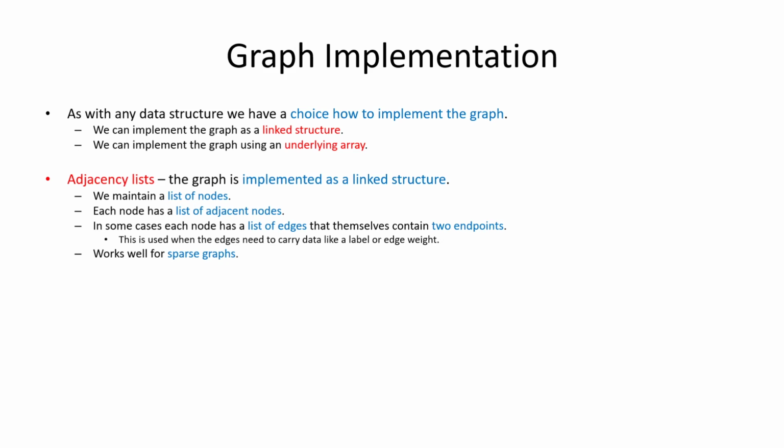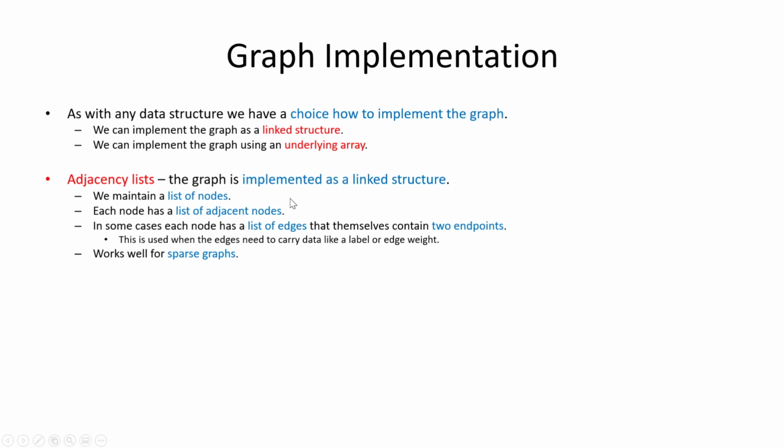Maybe the edge has a weight or a label. And if it does, we might need to make a little inner class called an edge too. And if we do, then usually the adjacency list is actually a list of edges, but those edges themselves contain the two node endpoints. So I can ask the edge, what do you connect me to? I connect you to this other endpoint.